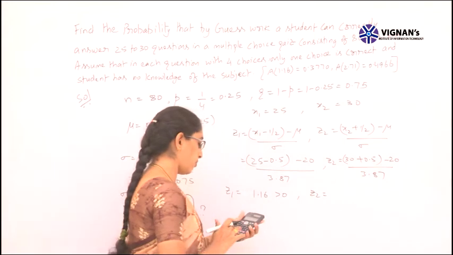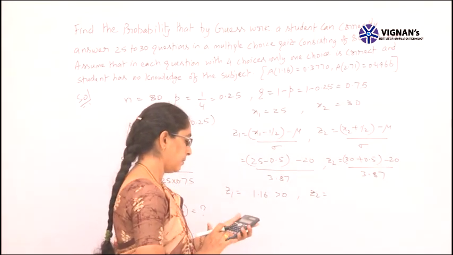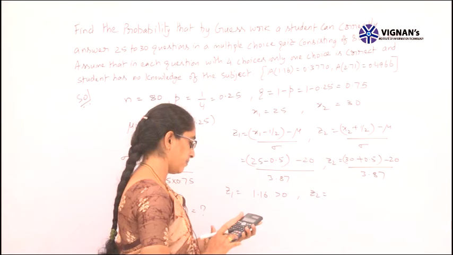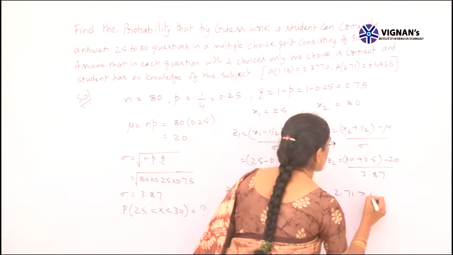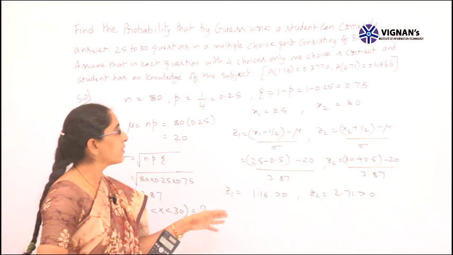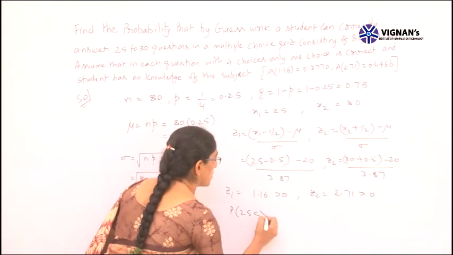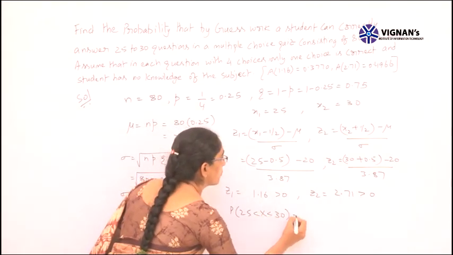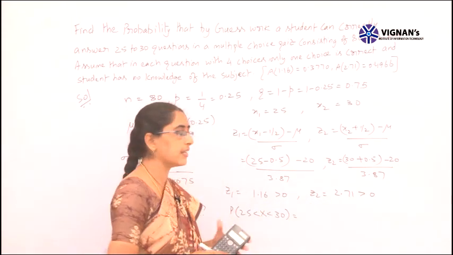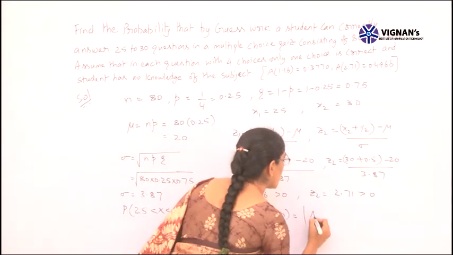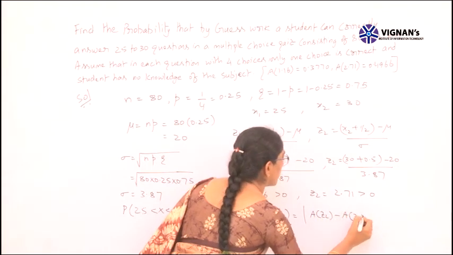Now coming to Z2, 30 plus 0.5 minus 20 by 3.87 is 2.71. So this is also greater than 0. We are finding the probability of 25 to 30 questions. So Z1 is greater than 0, Z2 is also greater than 0. So the formula is the modulus of A of Z2 minus A of Z1.